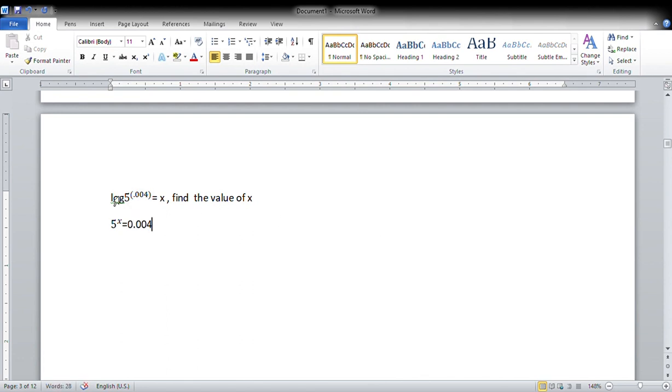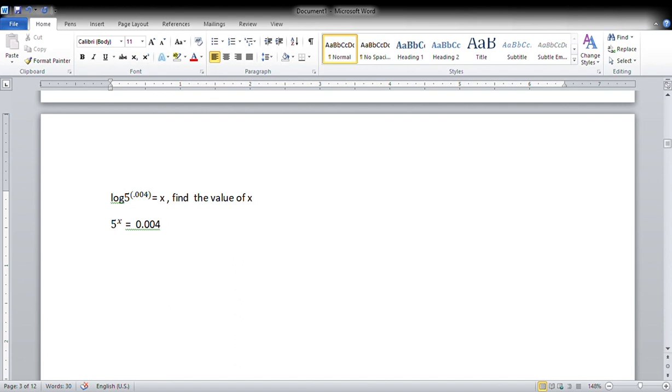If you convert it from the logarithmic to the exponential form, we can write it in that fashion. So 5 with the base will be the same, and this x will come to the left hand side, and 0.004 will come to that side. Simple thing, I have already discussed it in your last lesson, like your indices mathematics.